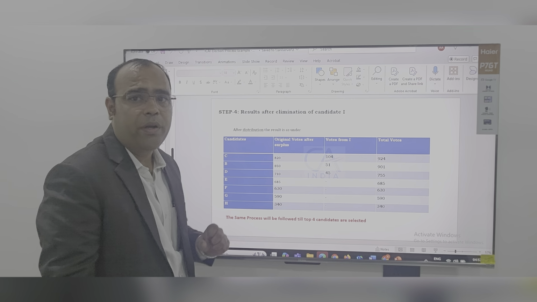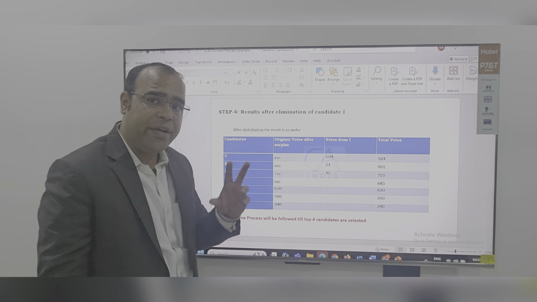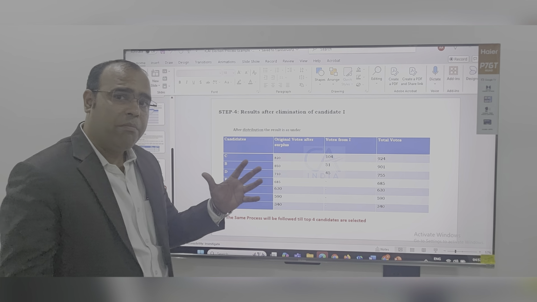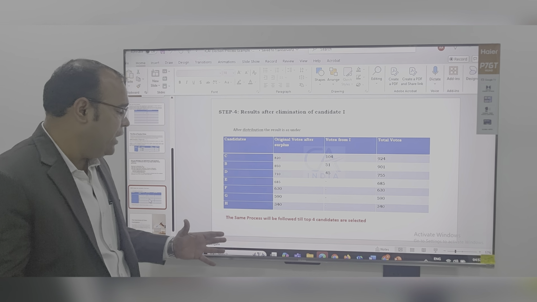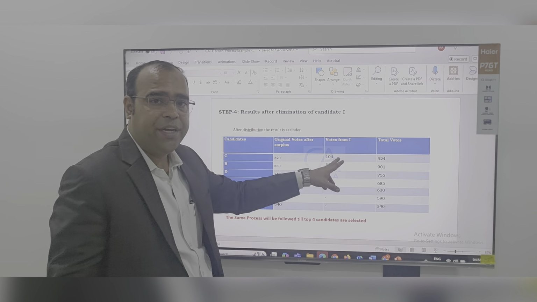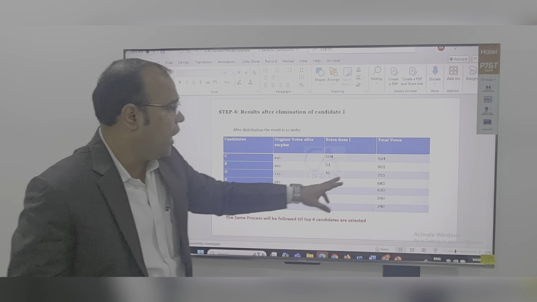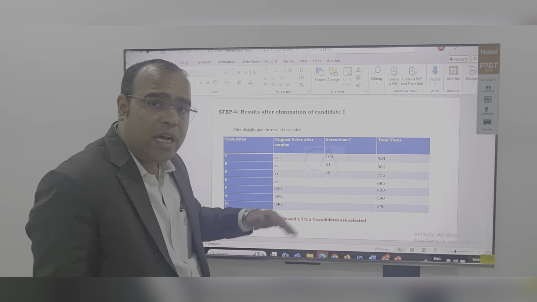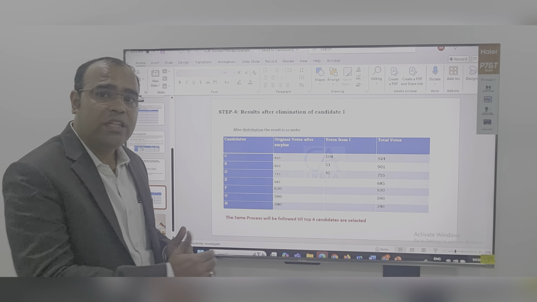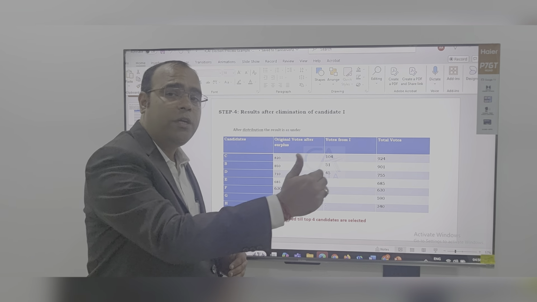So this is the importance of preference, because we saw that candidate B was higher because he got the highest vote after candidate A, but due to the elimination of candidate I, since C was the next best preferred by a maximum of 104 voters out of the 264 he got, candidate C comes up in the ladder and his total becomes 924, nearing the quota.